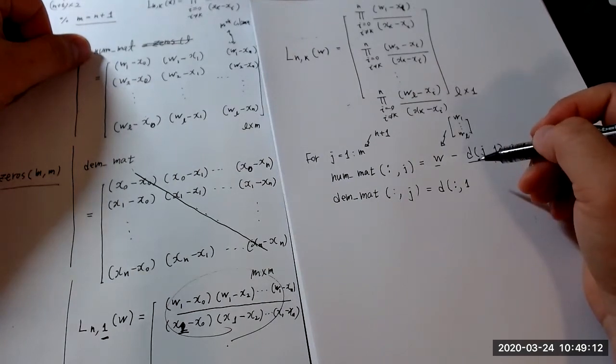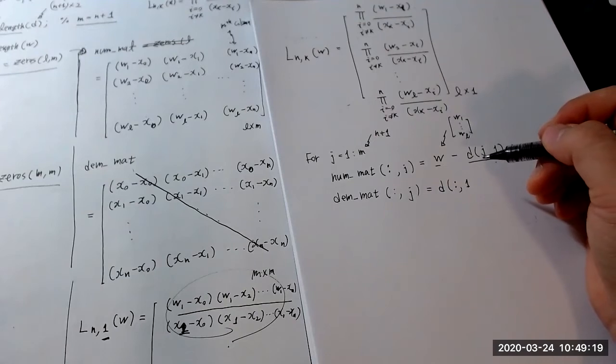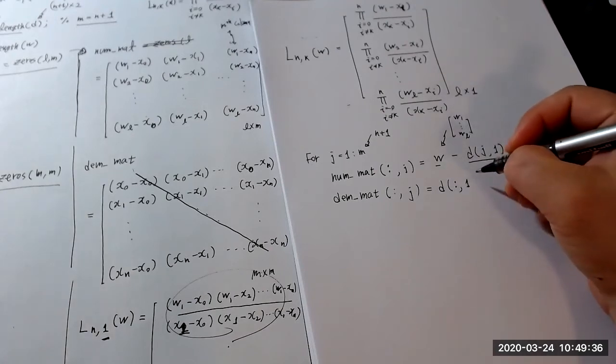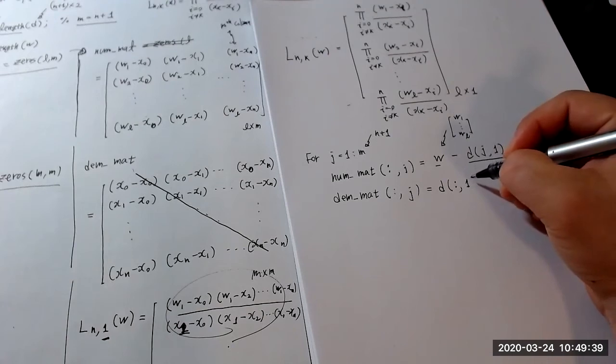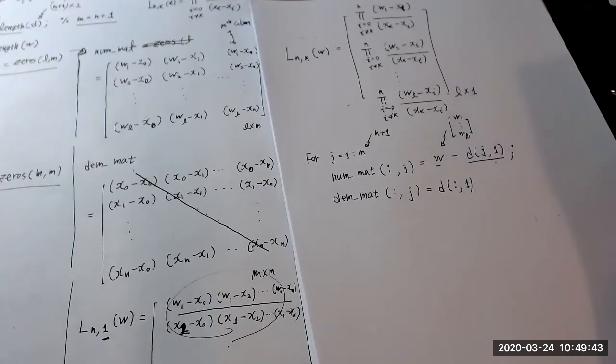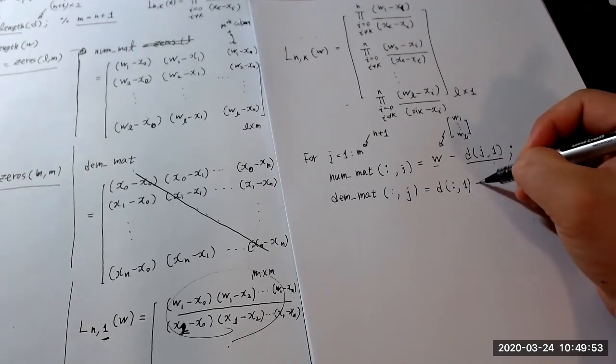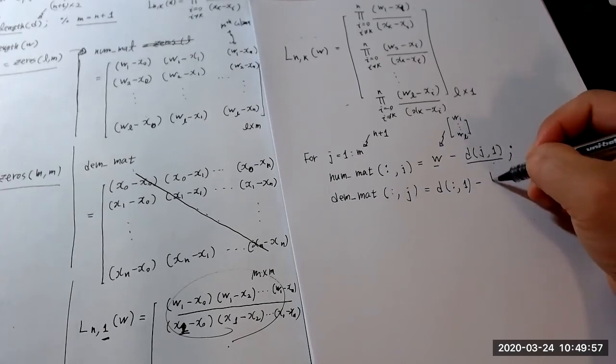Okay, rows in the first column. Minus, and then x0 is going to be minus D of J, 1.